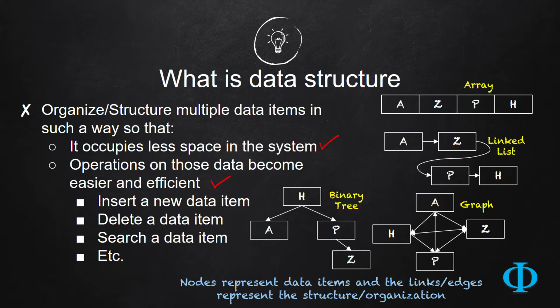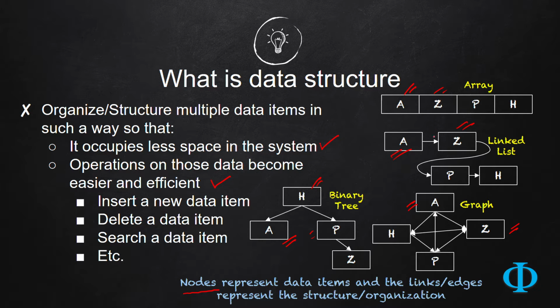Now, in the data structure, we always follow this type of notation. These rectangular blocks in here or here, all these rectangular blocks are called nodes in any data structure. And these nodes basically represent the data items that you want to operate on, or you want to store, or you want to retrieve from.